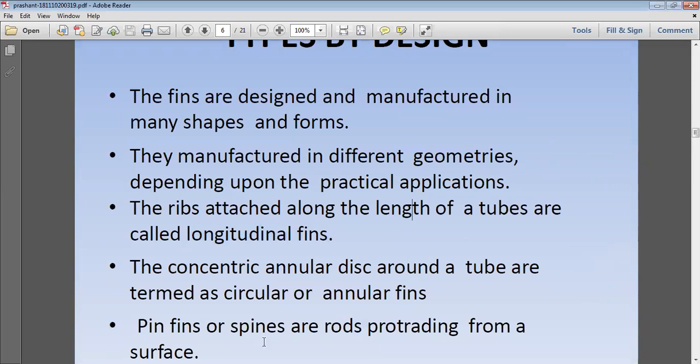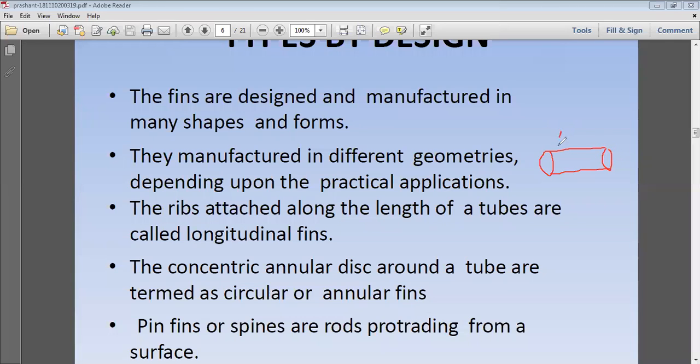the pin fins are splined over a rod protruding from a surface. Here you can see pin fins. For example, I want to dissipate a small amount of heat from a hot surface to the surroundings.